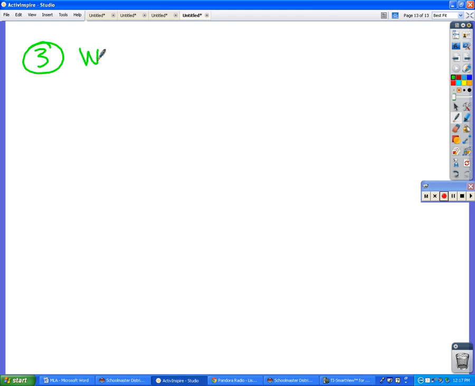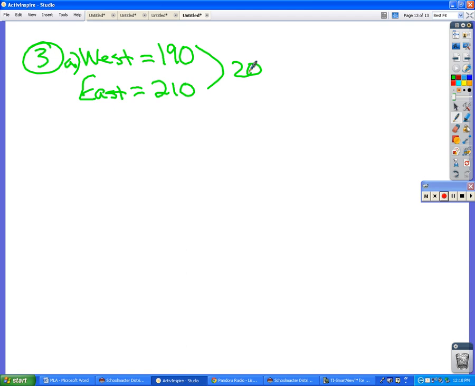Well, what does it look like the biggest number on the west is? About 190. What was the biggest that the east went to? About 210. So the difference between those two is about 20. Okay, so that's going to be B.